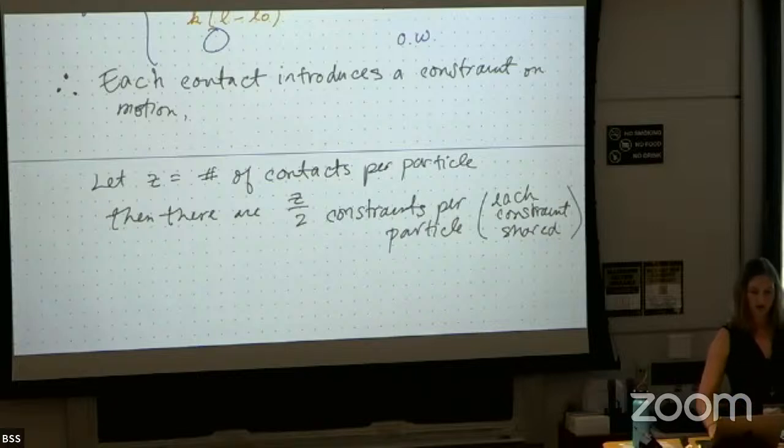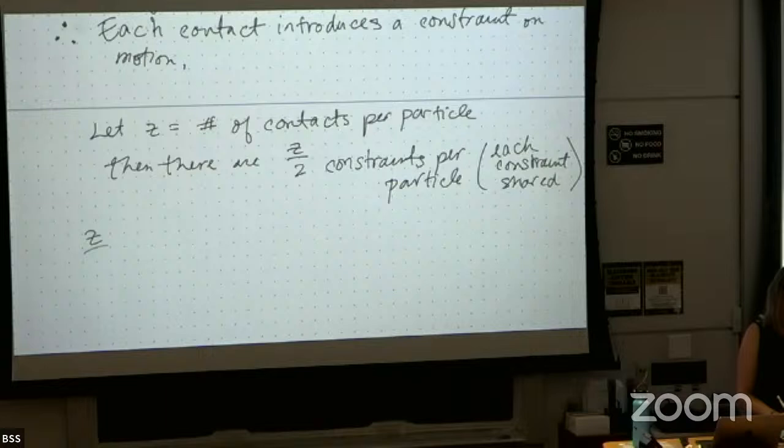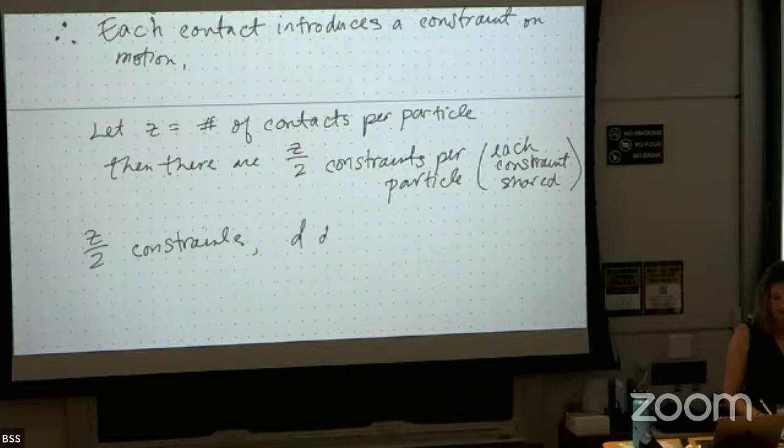And so we have z over 2 constraints, and we have d degrees of freedom. I'll sometimes write that as DOF for these notes.